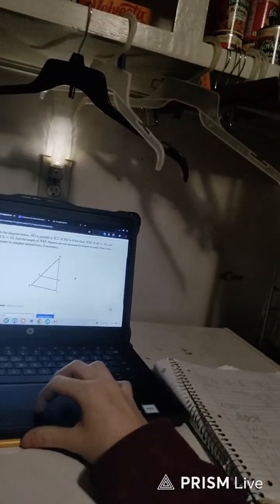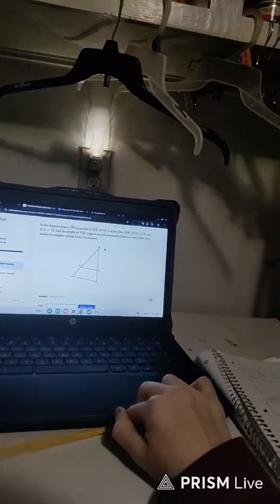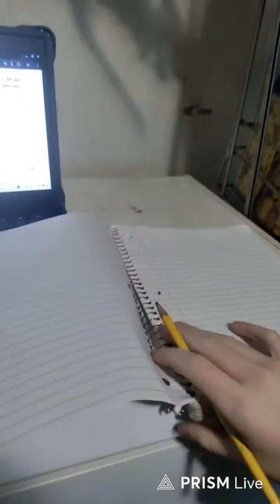If NO is 4 less than NM, let me flip the page. Let me set this down.